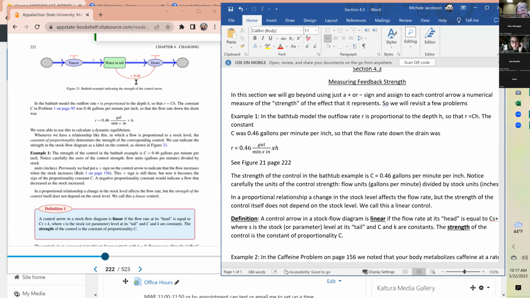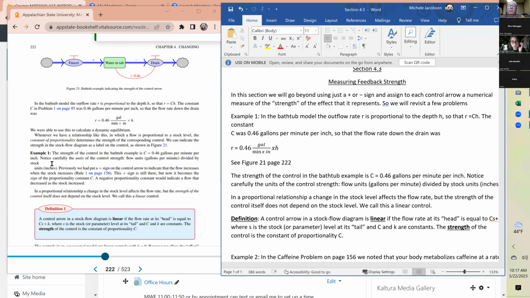Now we're giving it a value, and they're saying it's going by 0.46. Now this is gallons per minute per inch, and that's what they're showing you here. And then remember, our rate was times the height. But that's also your strength.